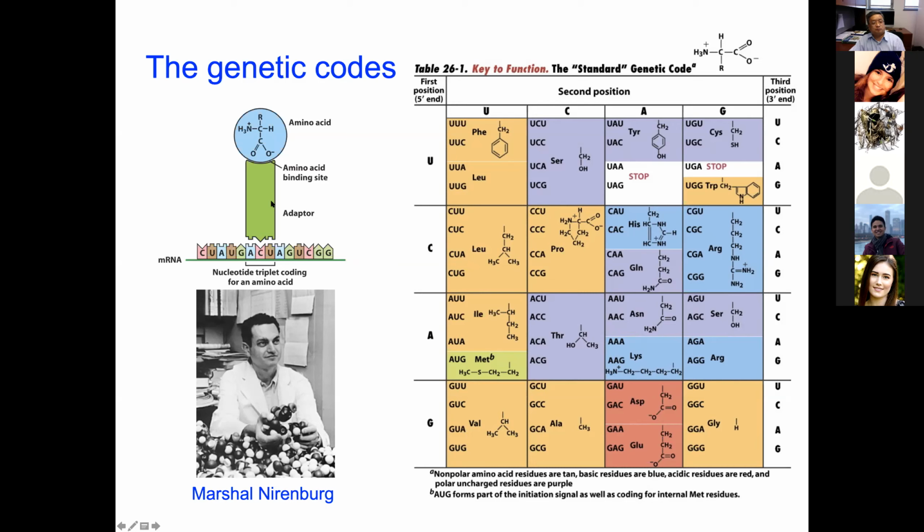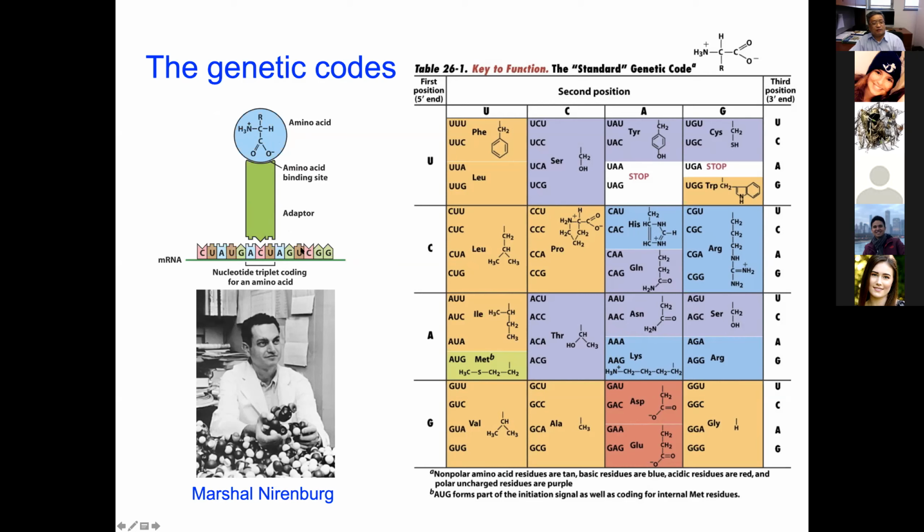The tRNA, which has this anticodon codon recognition stem, will recognize the triplet codons on the messenger RNA. And then the amino acid connected to the tRNA and the peptide connected to the tRNA will react with each other to form a peptide bond.